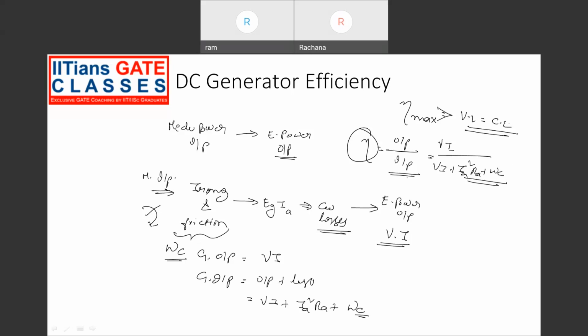If these copper losses are equal to our constant losses, then the efficiency will be maximum. Okay, hope this is clear. We'll go to the next slide.